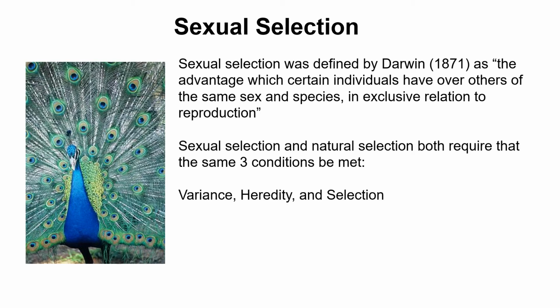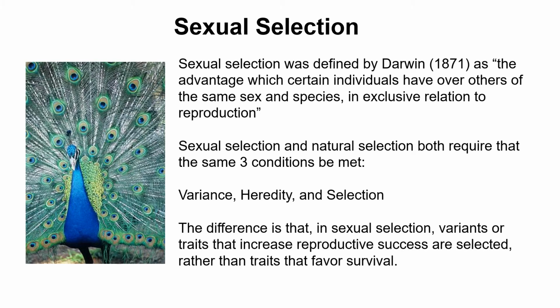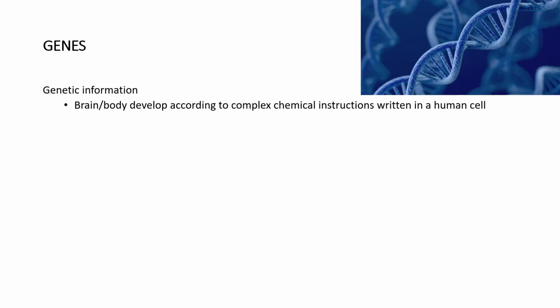Those three conditions of natural selection still must be met. There must be variance, there must be heredity, and there must be selection. It's just that in sexual selection, the variants that increase reproduction, even if they hinder survival, are selected for because they will get them selected for reproduction.